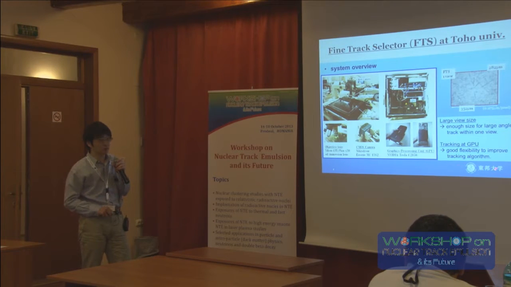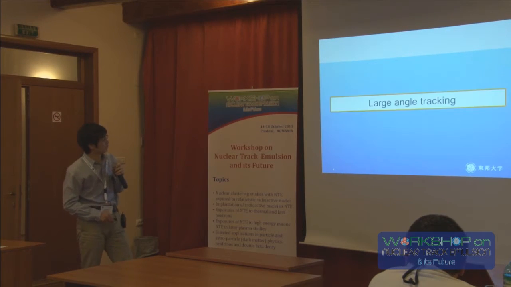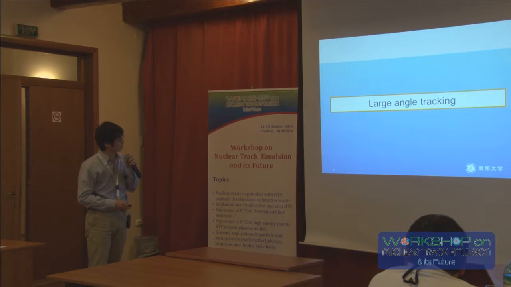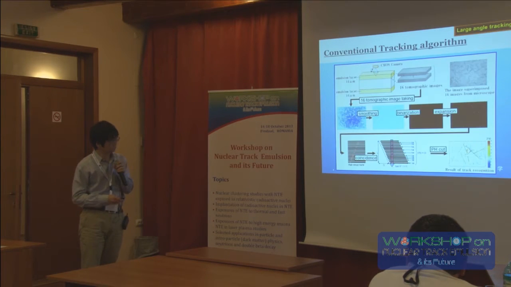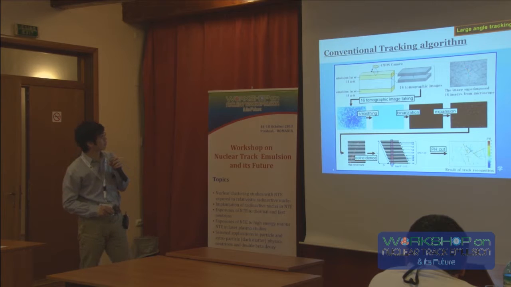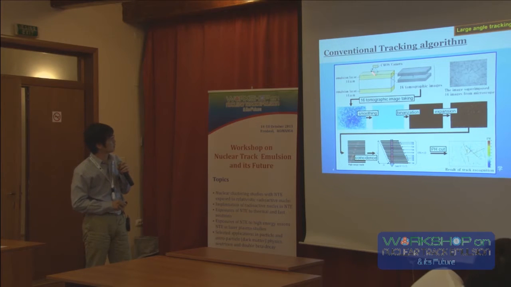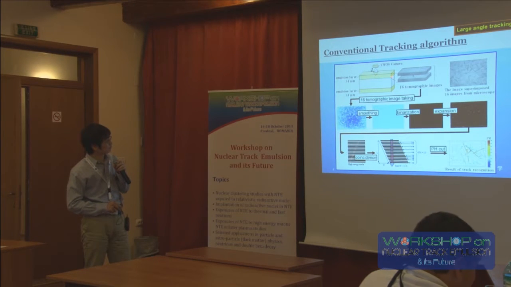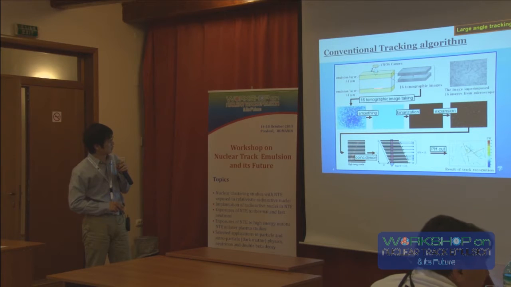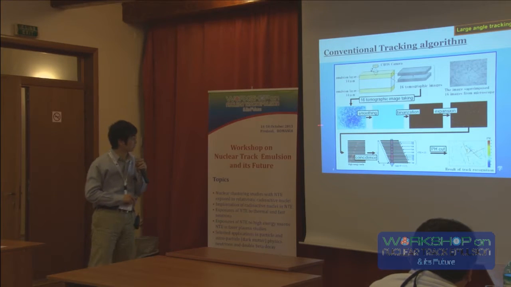Okay, so let me start with large angle tracking. For large angle tracking, I applied the conventional tracking algorithm. This is the OPERA film, with emulsion layers on both sides of the plastic base. We take 16 tomographic images. After that, we do image processing: smoothing, binarization, and hit expansion.